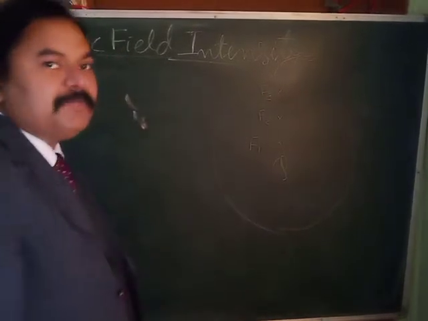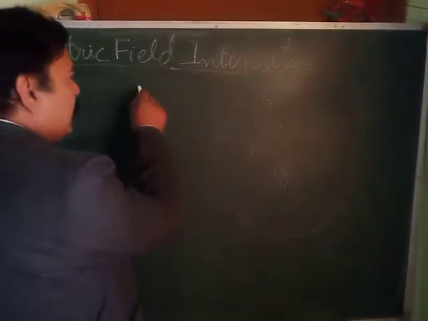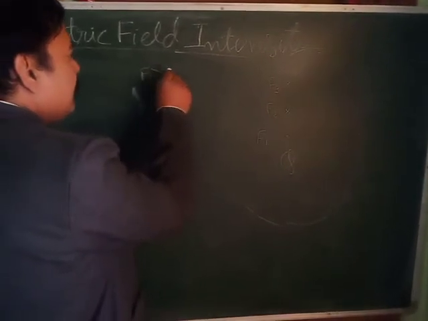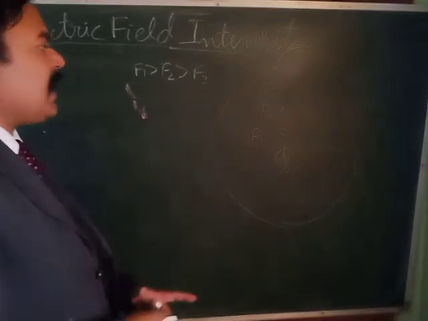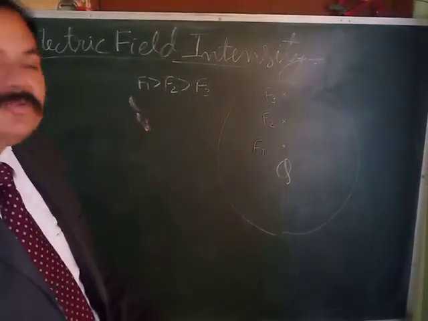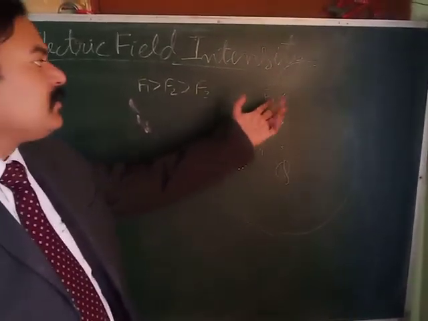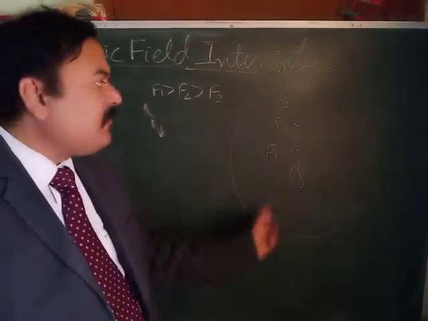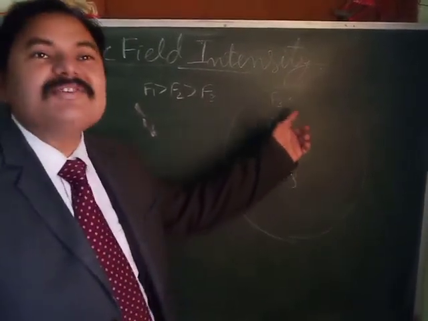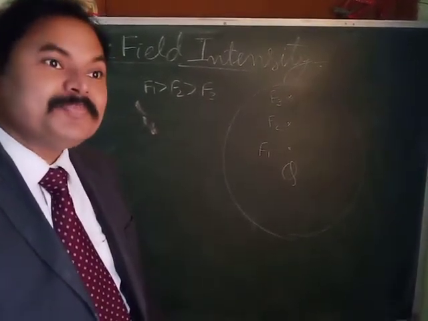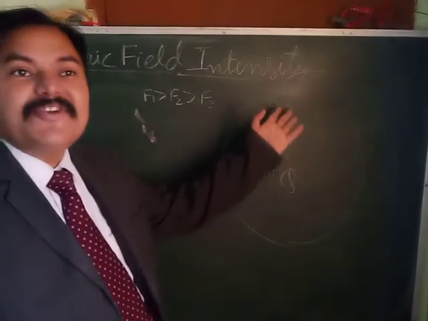What do you think? Will all these forces be equal? No, not at all. Obviously F1 will be greater than F2 and F2 will be greater than F3. So as we change the points, the value of force changes. Why? The same charge placed in the same field experiences different force, because the strength of the field is different at different points, or we can say the electric field intensity is different at different points.